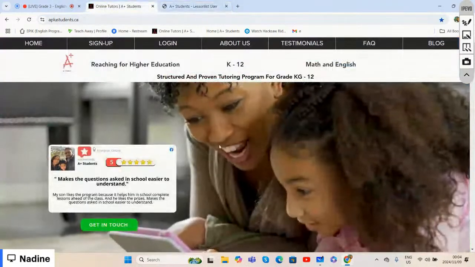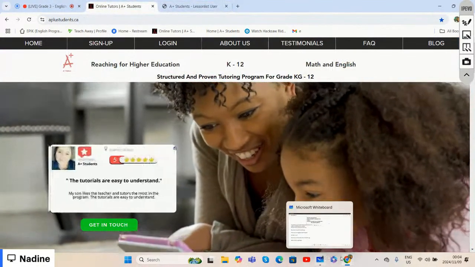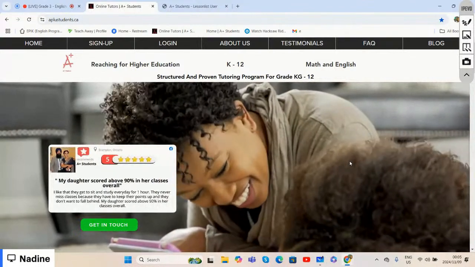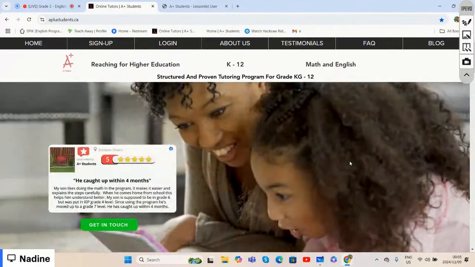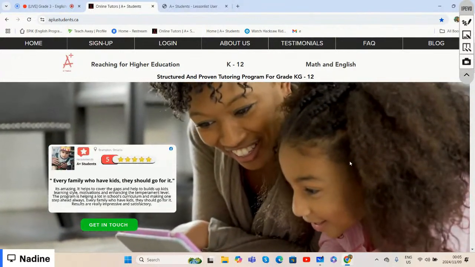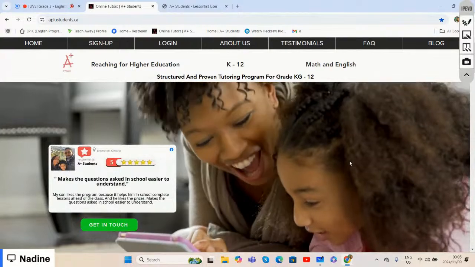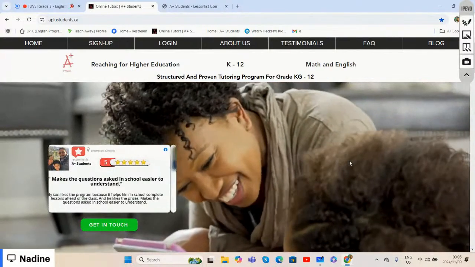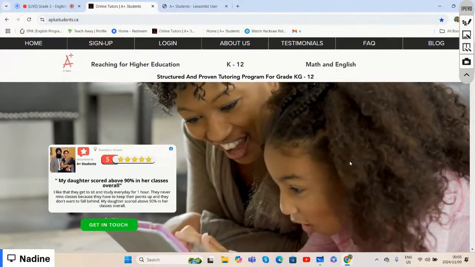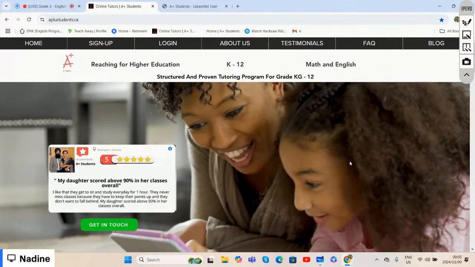Once you've logged on to aplusstudents.ca with our username as well as our password, then we're going to select the subject of English Language Arts.